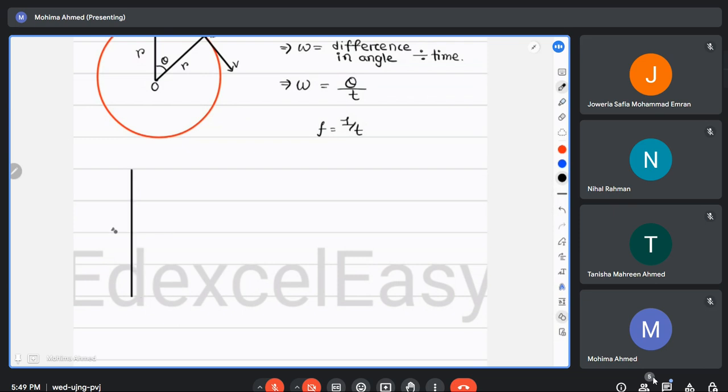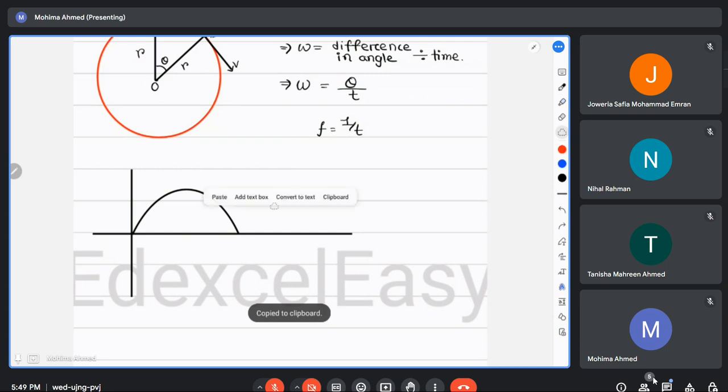One minute, 1, 2, 3, 4. In that case, the waves were something like this. This is how a wave looks, right? A complete wave, one complete wave.